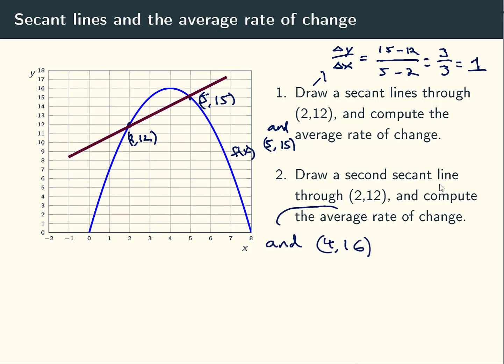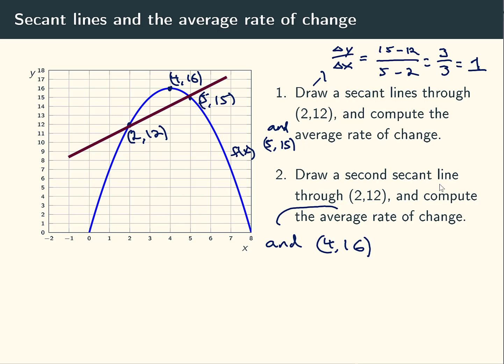But this time, the secant line is also going to cross through the function at coordinates x equal 4, y equals 16. I've marked it on the graph. It's actually at the apex, at the top of the quadratic function.